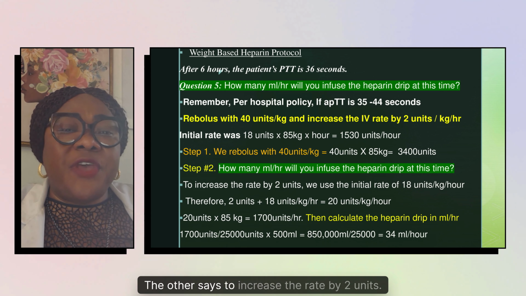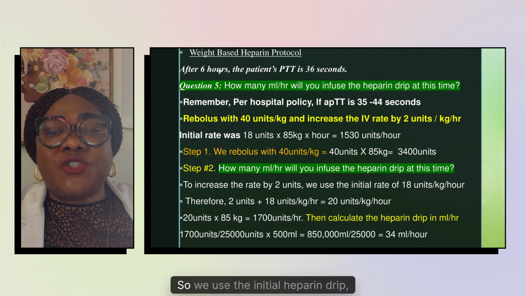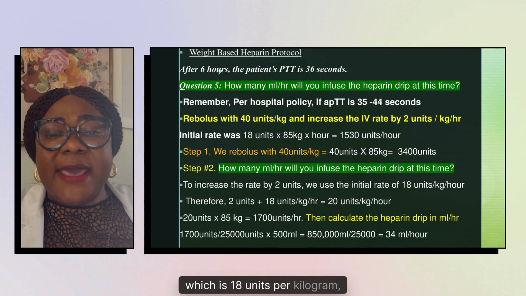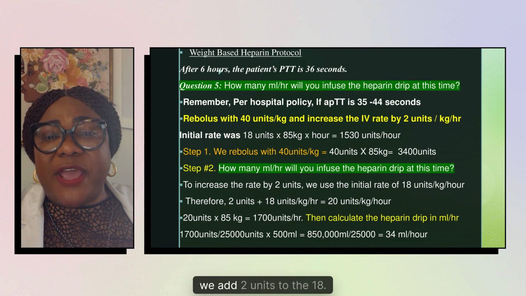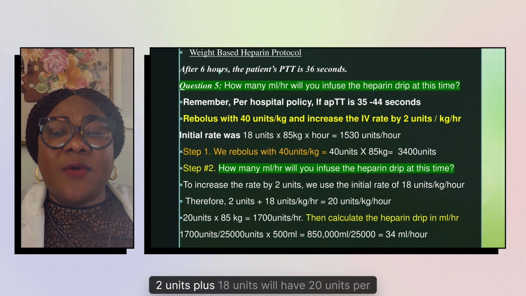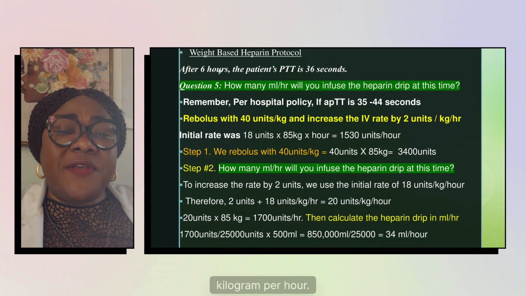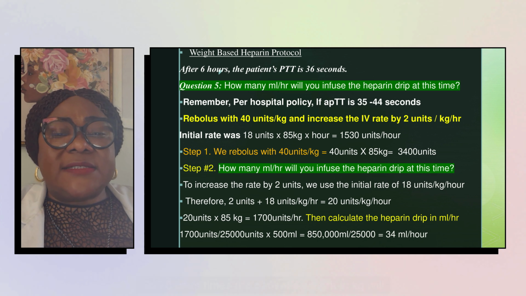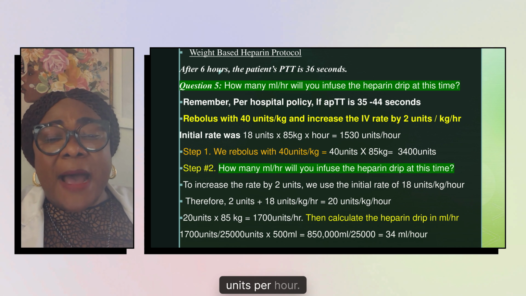So step 2 is how many ml will you infuse the heparin drip at this time? The order says to increase the rate by 2 units. So we use the initial heparin drip, which is 18 units per kg, and we add 2 units to the 18. So 2 units plus 18 units will have 20 units per kg per hour. So 20 units times the patient's weight in kg will have 1,700 units per hour.